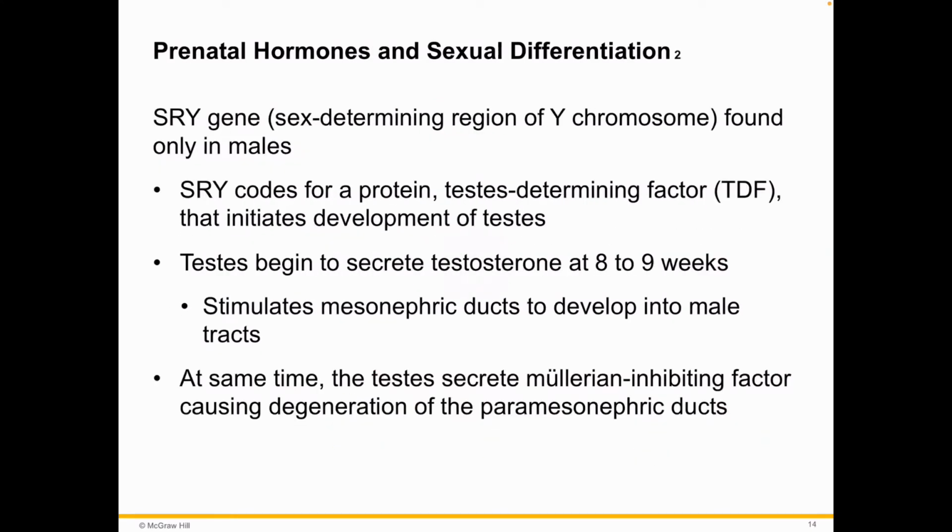Okay, so on the Y, it's not even the entire Y chromosome. It's really only this one important region called the SRY region. SRY is going to code for testes determining factor, or the TDF, which is going to initiate the development of the testes from what would have originally gone into the ovaries.